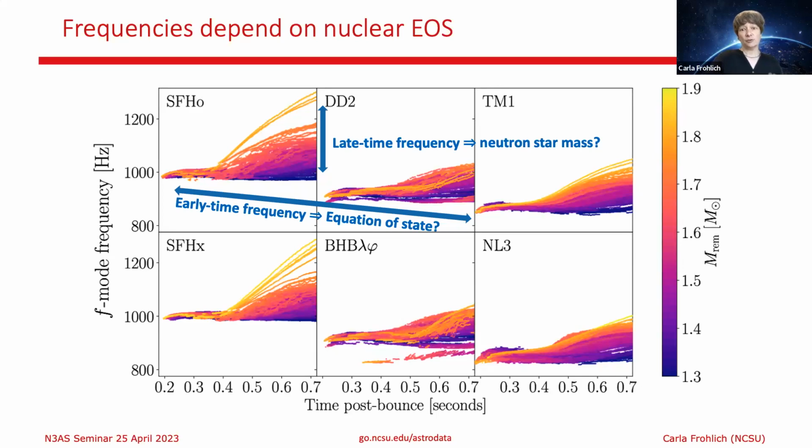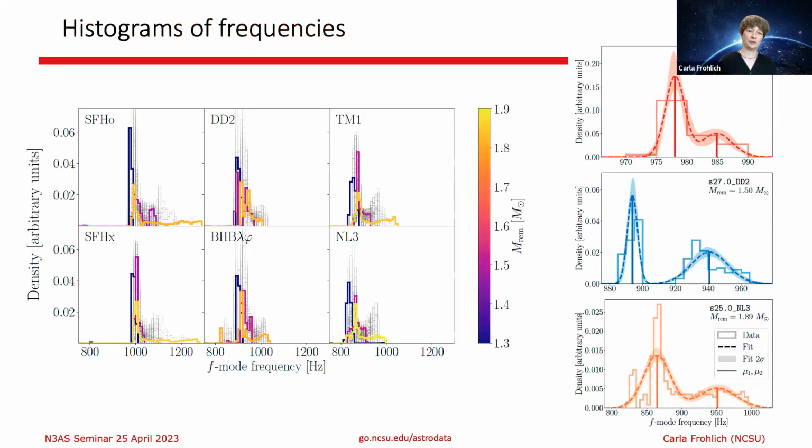So what we did to do all this statistical analysis is turn these time frequency diagrams into histograms. For each model, we just count up every frequency, at how many time slices it occurs, and this gives us these histograms.